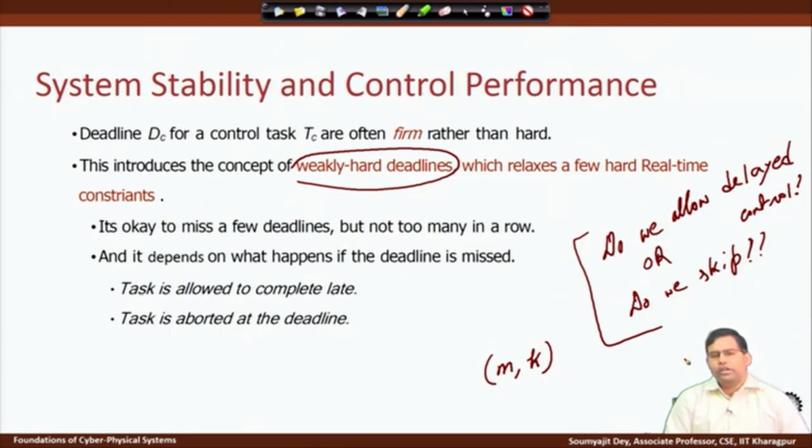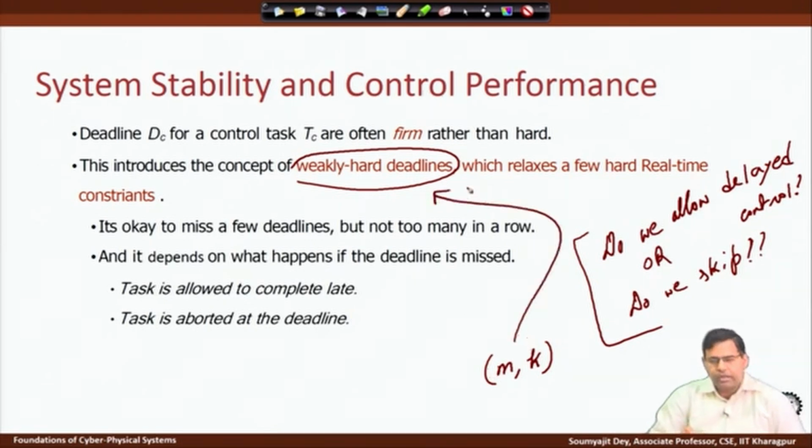In a theoretical way, I can show that as long as the controller updates for m out of k instances, where the values of m and k are specific to the model and controller, then we have this idea of weakly hard scheduling.